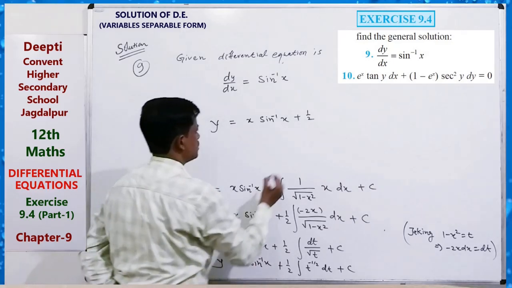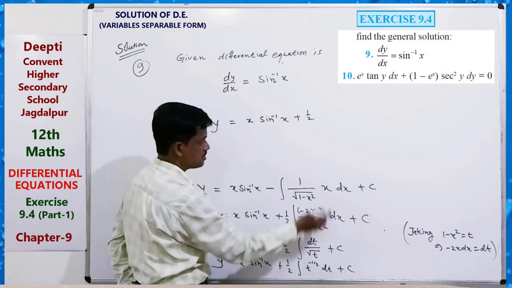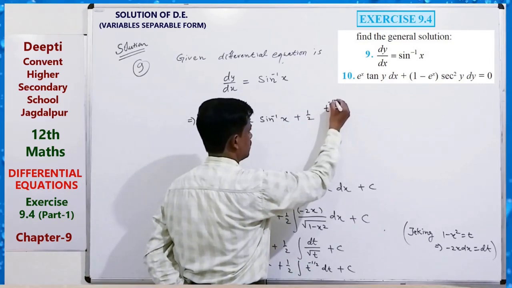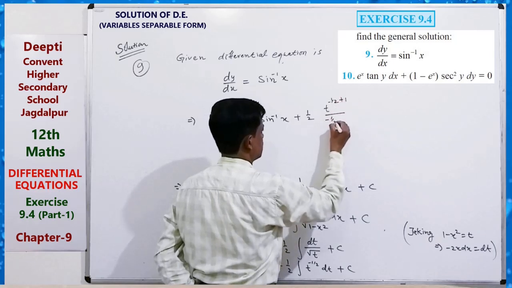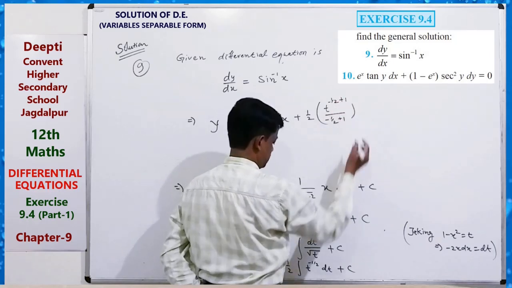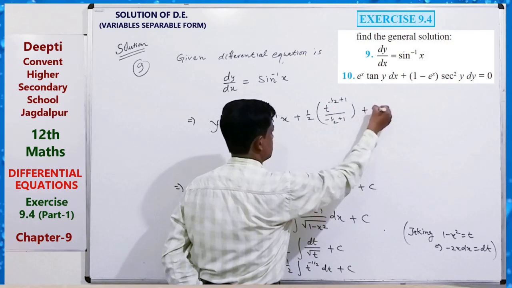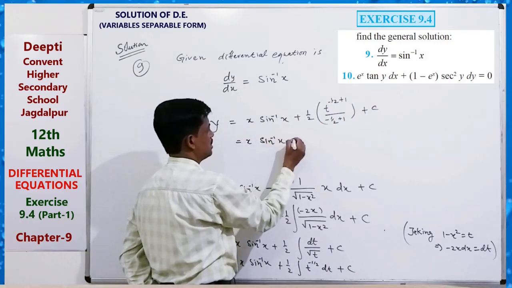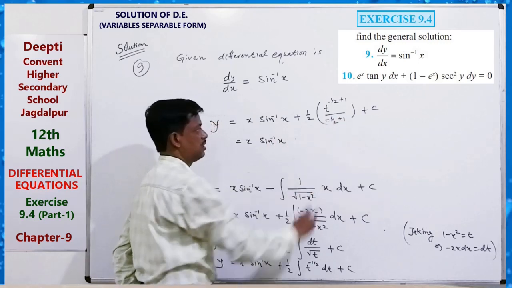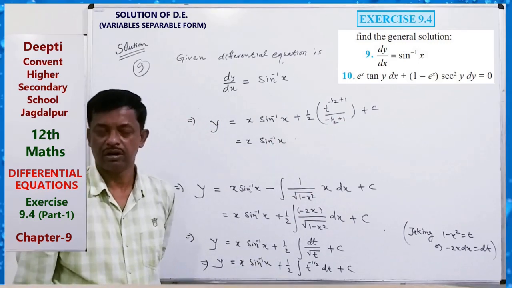Integration of this is equal to t to the power minus half plus 1 upon minus half plus 1 plus c. So x sin inverse x minus half plus 1 half.